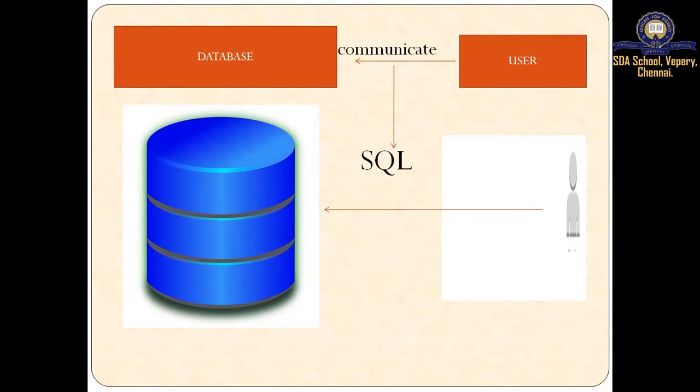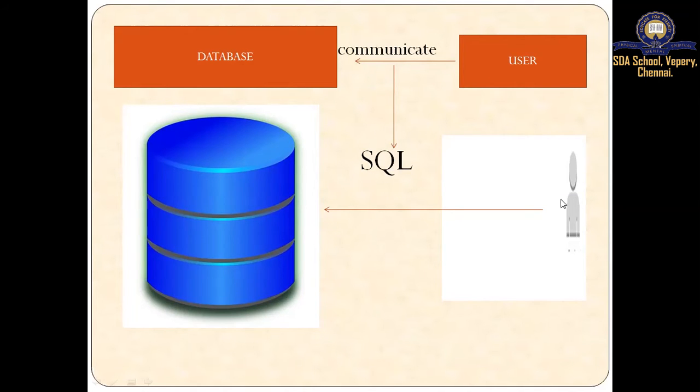But to retrieve the data, update the data, or insert any new data, the user must perform all this with the help of the language called SQL. We call that Structured Query Language, a language which is used for communicating with a database.